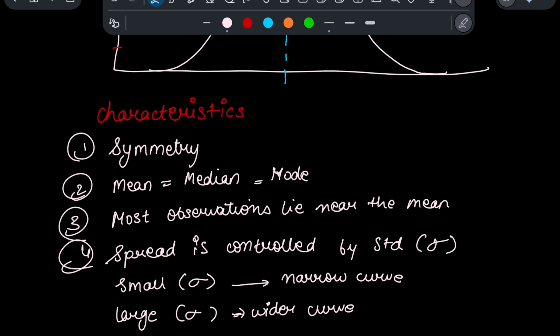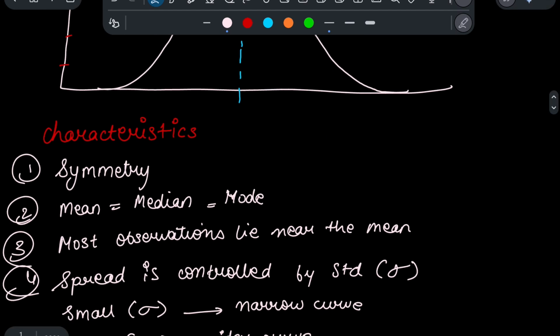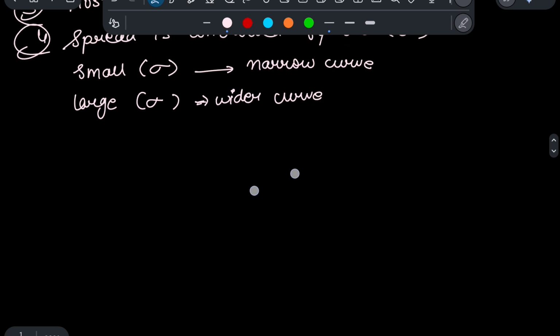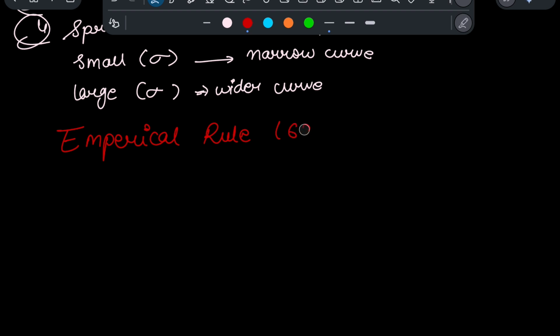Now let's talk about the most important topic, which is the empirical rule, also known as the 68, 95, and 99.7 rule. This is the most important intuition.